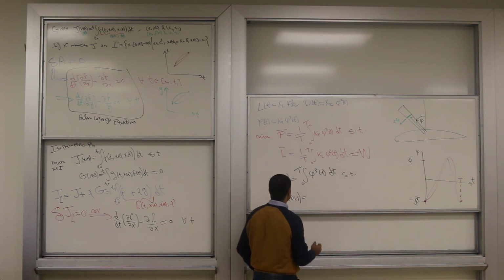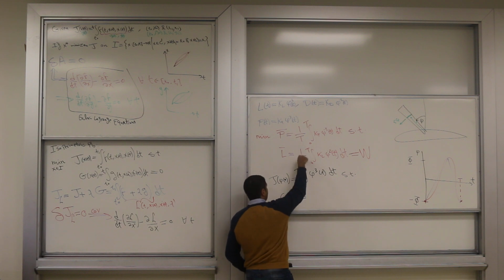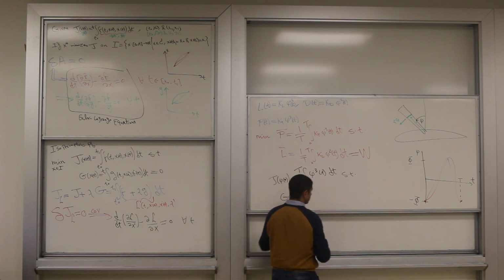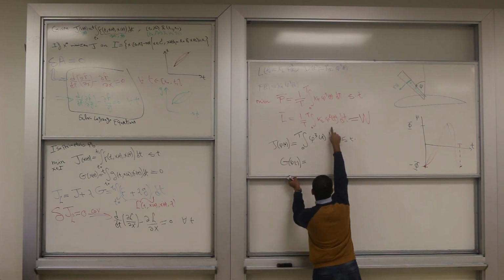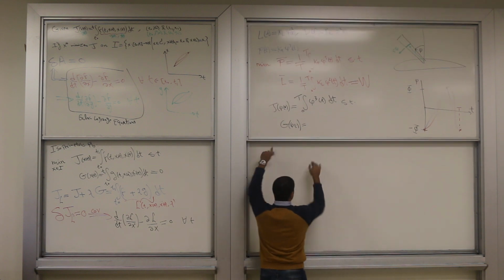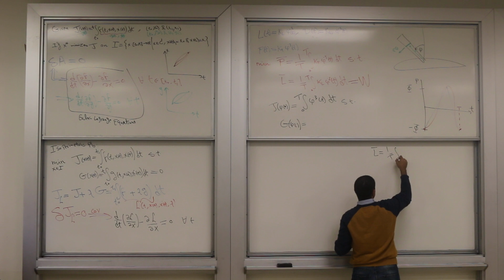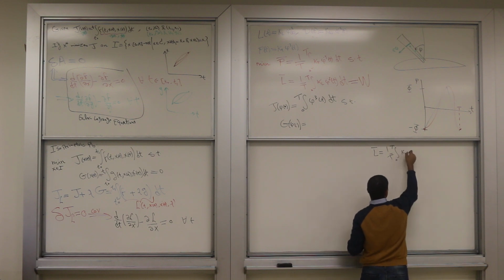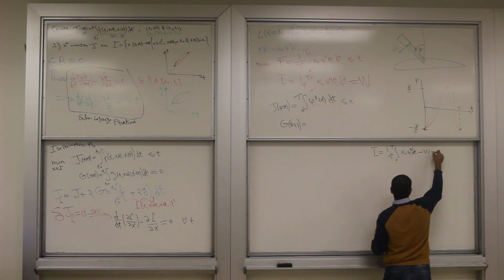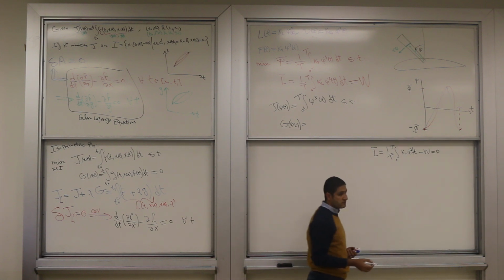This is not trivial. So 1 over T doesn't matter. Let's write it here. So lift is 1 over T integral from 0 to T of KL phi dot squared dt minus W is 0. This is your constraint, correct?